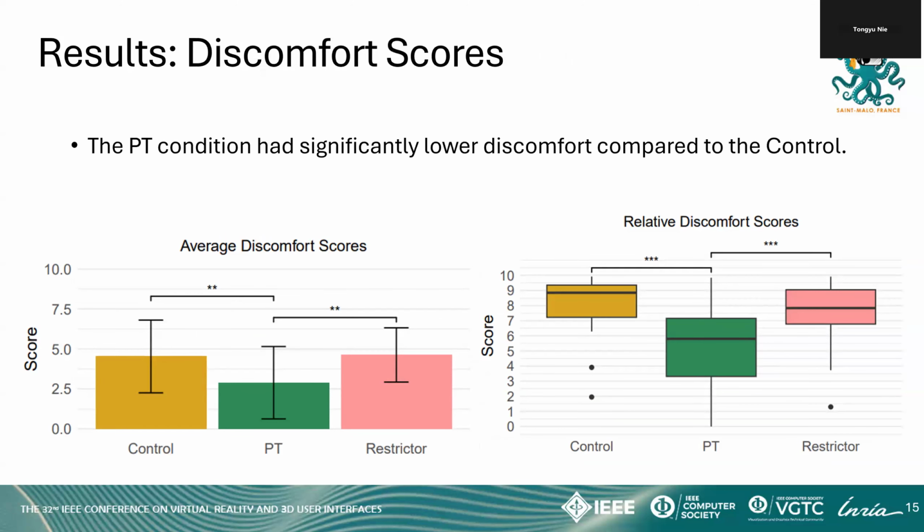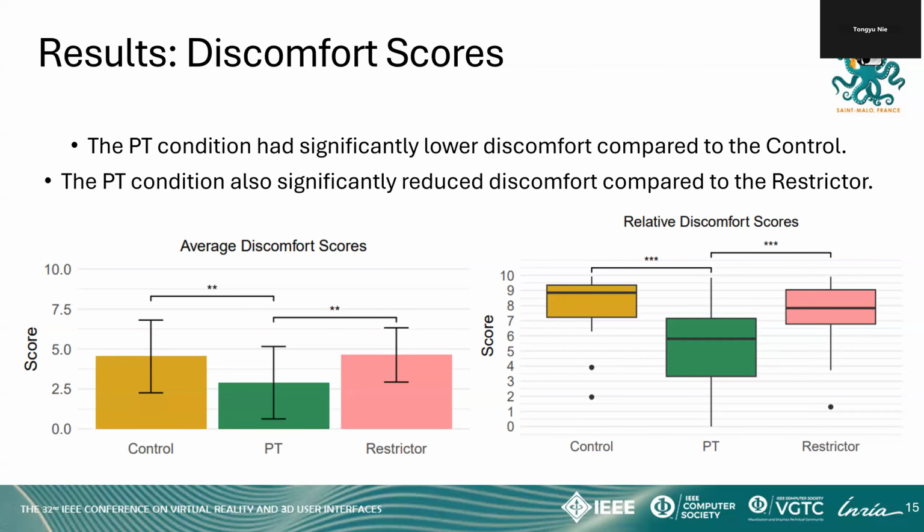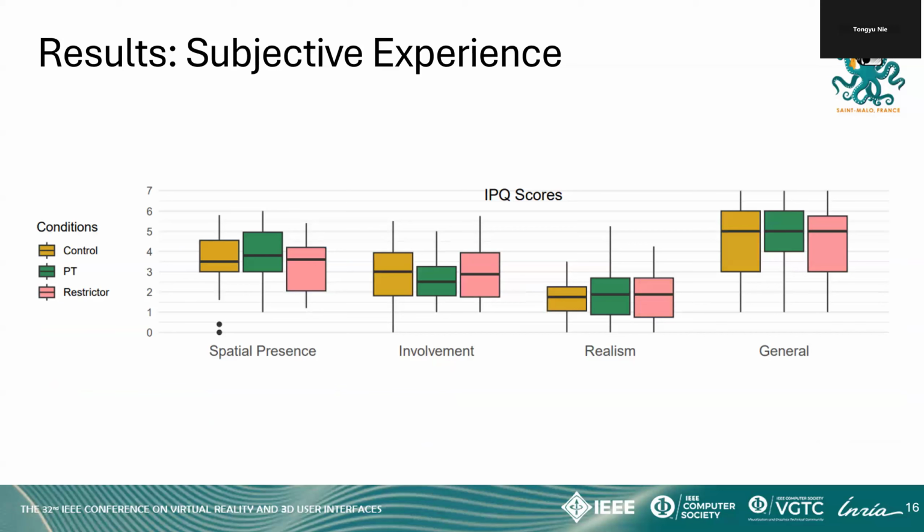Similarly, for average and relative discomfort scores, we observe significant differences between the peripheral teleportation and control. Moreover, participants in the peripheral teleportation condition also reported significantly lower discomfort scores compared to the FOV restrictor. We did not find any significant differences in the visibility and sense of presence.